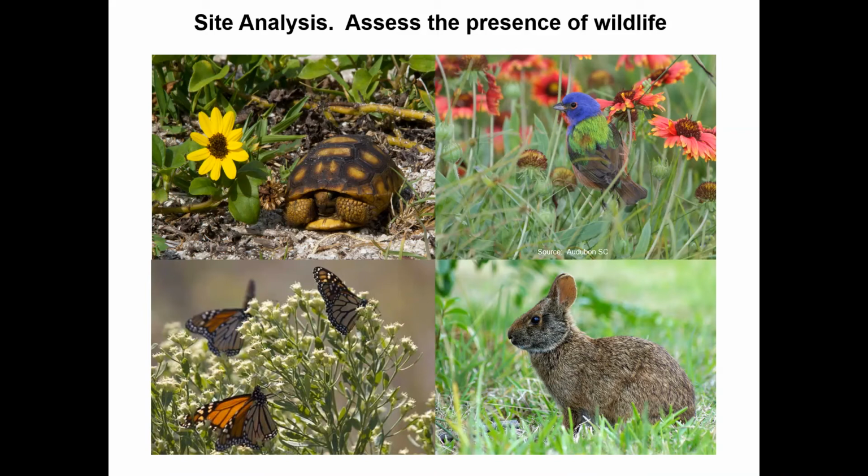So this is just an example of looking at the wildlife, looking at what plants are available, and determining what you may want to keep, what you want to be changing. Sometimes you may want to choose to keep a native plant that you may have said you'd like to put something else in place of, but the wildlife value may be enough to keep it in.